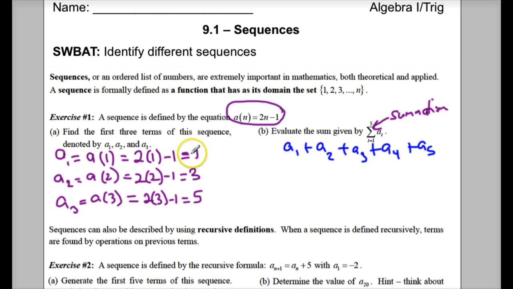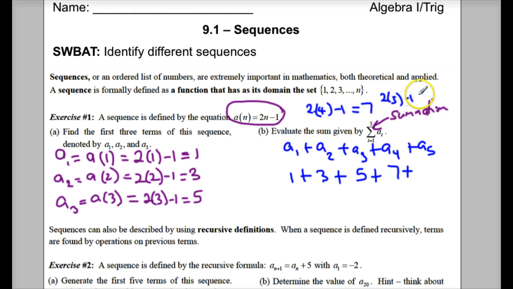I know a1 is 1 plus 3 plus 5 plus, I need to find a4. So this will be 2 times 4 minus 1, that's 7. And then I got to find 2 times 5 minus 1 is 9. When I add all of that up, I should get the summation as 25. That's it.